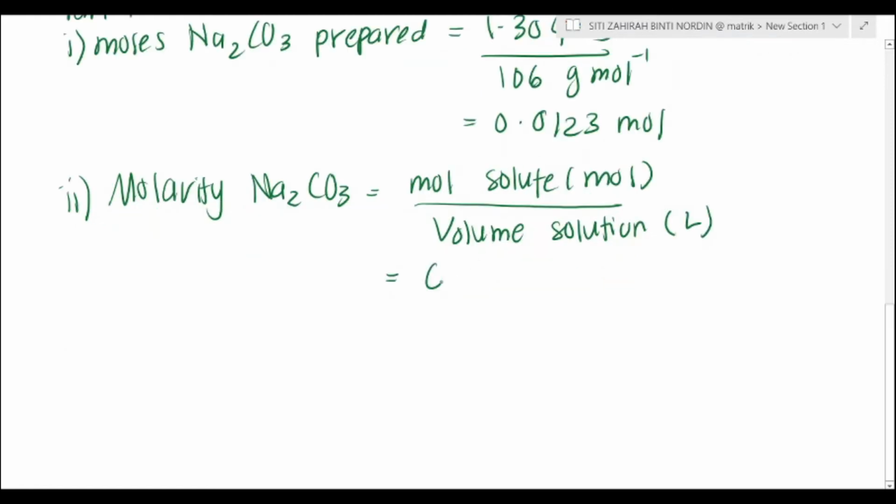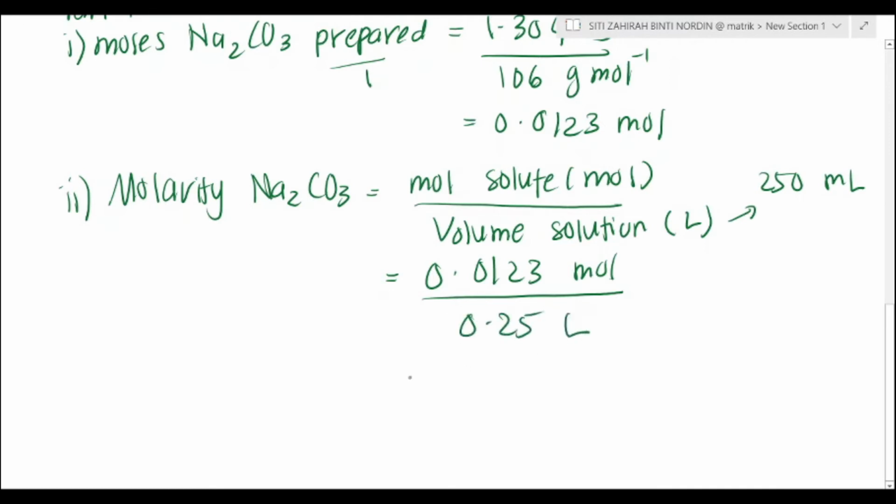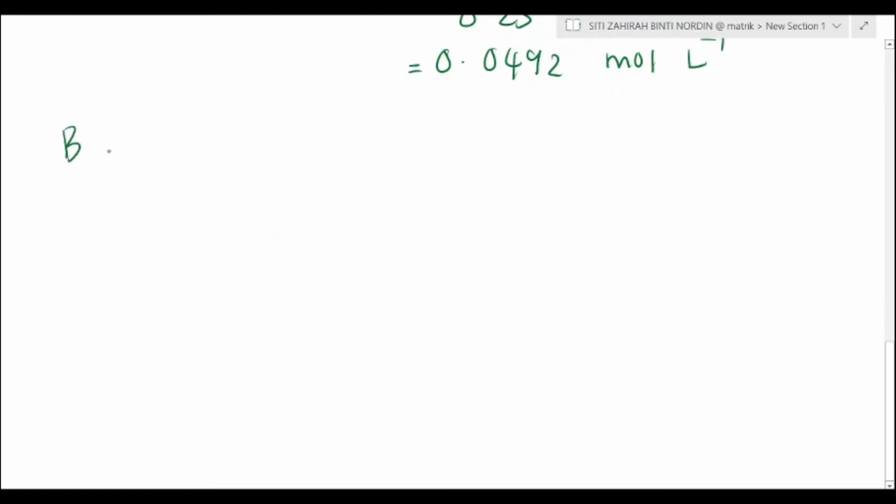The mole would be what we've already calculated earlier, divided by the volume of solution, which is the volume that we prepared, 250 ml in the volumetric flask. Convert it to liter, that would be 0.25 liter. So your molarity would be 0.0492 mole per liter.